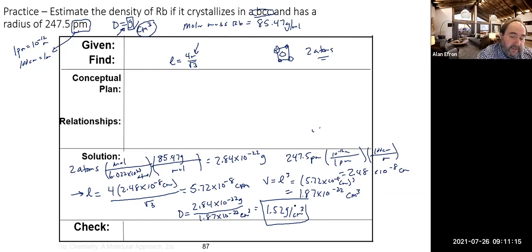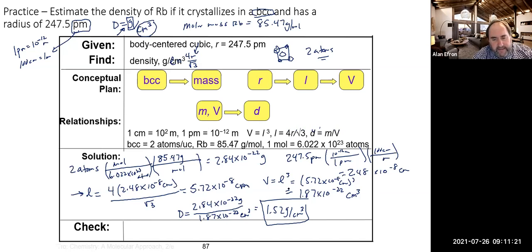Any question on that calculation? So this is a common unit cell type problem. Another common type of problem is working it backwards, where maybe you're given the density and you need to figure out the radius, or how many atoms, or something of that nature.